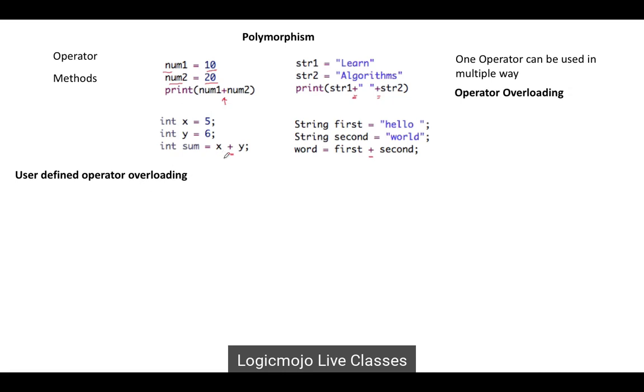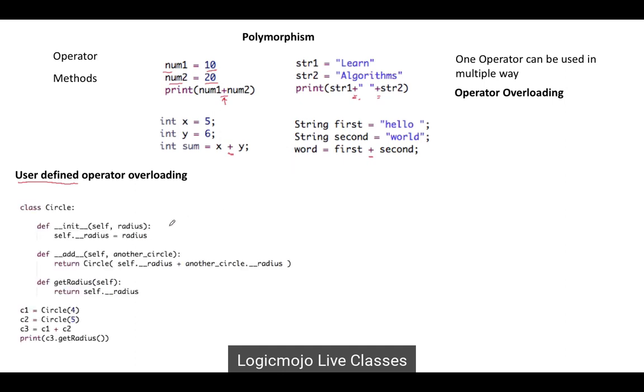What you have seen so far are the inbuilt predefined features of the plus operator. Now, you can also use this plus operator for adding two objects, and that task we call a user defined task, because the user itself is defining the task of adding two different objects. Here we are not adding two integers or two strings, but two user defined objects.